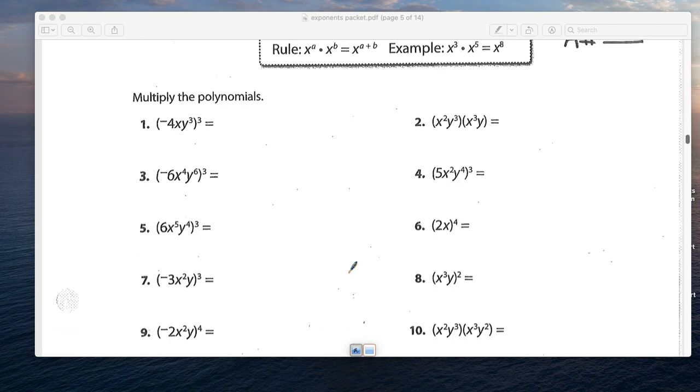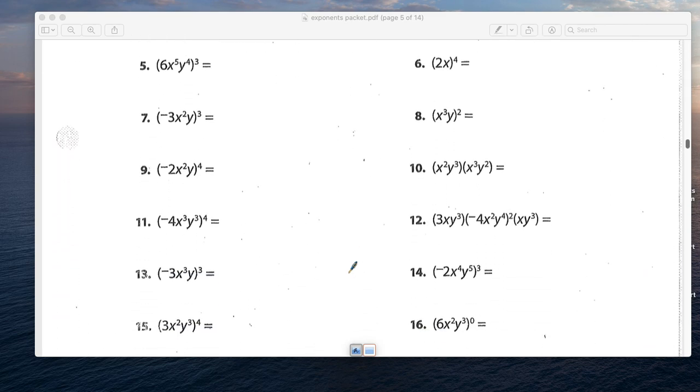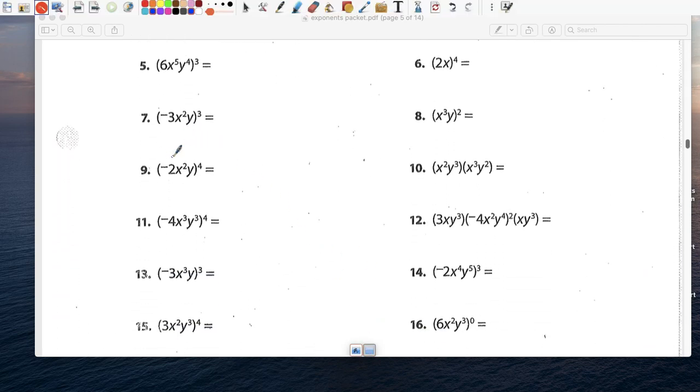Okay, again, same thing. If you don't see a 1, put a 1 there. It might help you. So we're going to get negative 2, and because it's negative, let's put it in parentheses. Negative 2 to the 4 times 1, which is the fourth power.